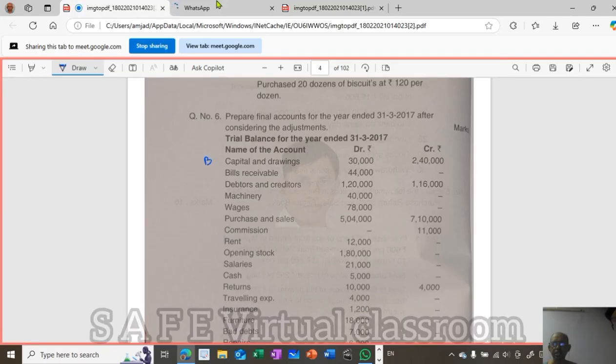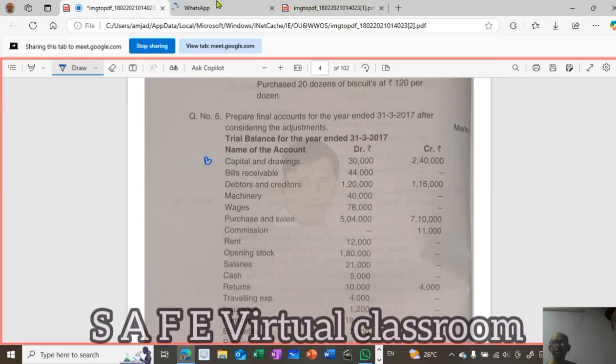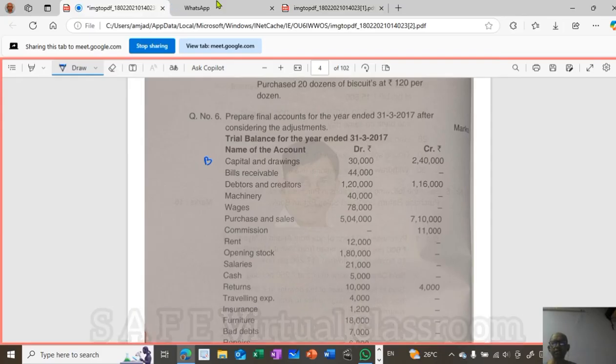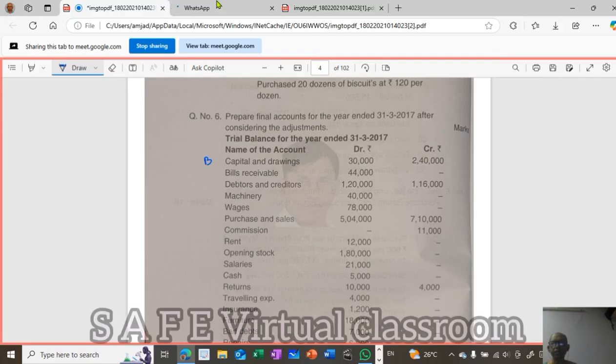And then drawings will go into profit and loss. No, drawings also go to the balance sheet only. Capital, add capital less drawings. 2,40,000 you have to take minus 30,000. The net amount will be 2,40,000 minus 30,000, 2,10,000. To that you have to add net profit. So capital will be like this.